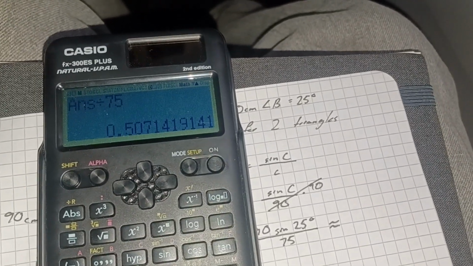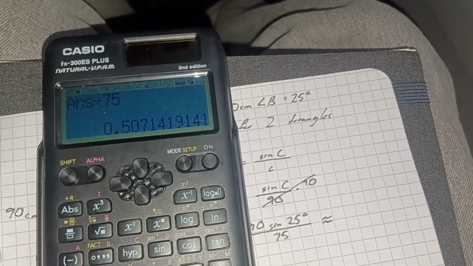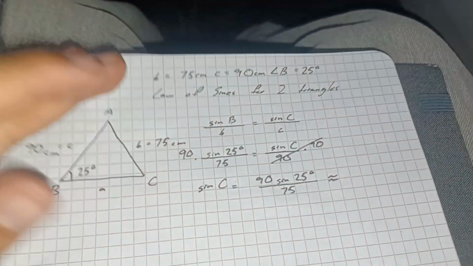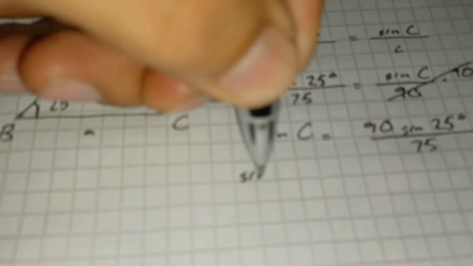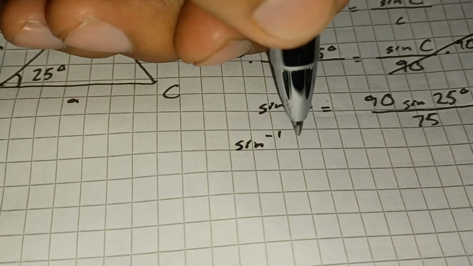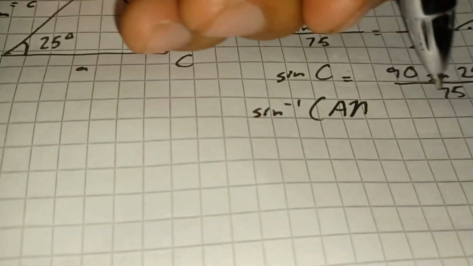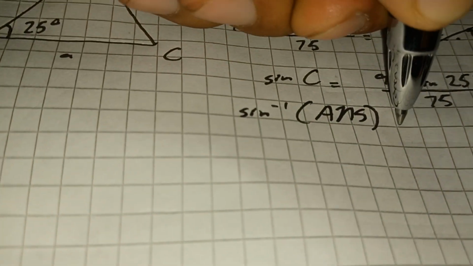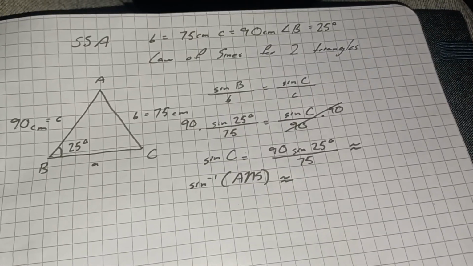That's going to give us that. So now that you have this value, you are going to take the inverse of your answer, right? So sine inverse of whatever answer you got, in this case 0.57 and so on and so forth, is going to give you your angle. So let's go ahead and do that right now with the calculator.